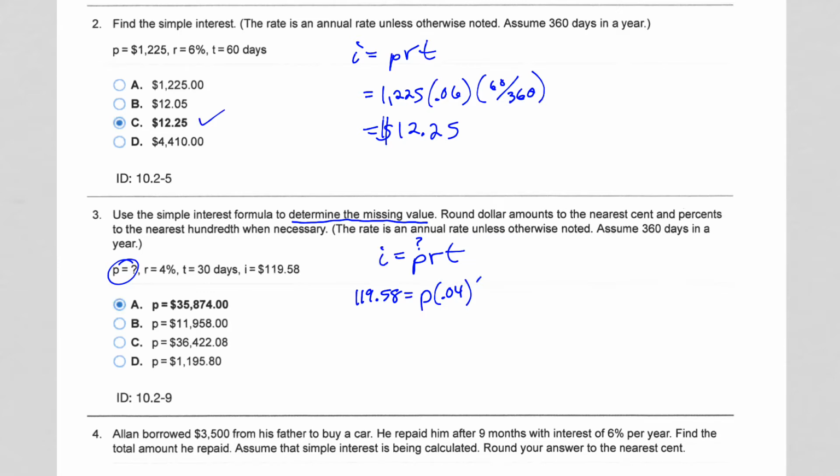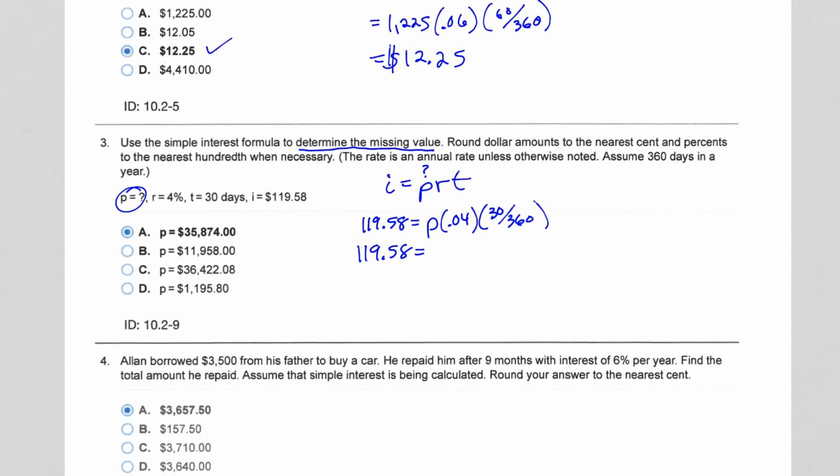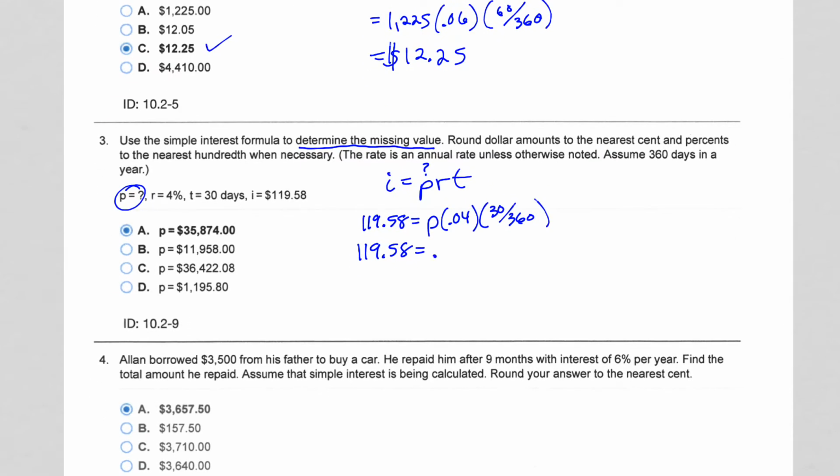And the time is 30 days out of 360 days. So when you clean up the right side, that's going to be a pretty big decimal. So this is a weird question, but we're going to have to just write down everything on your screen. So for me, it was 2 zeros and 7 threes. 1, 2, 3, 4, 5, 6, 7.